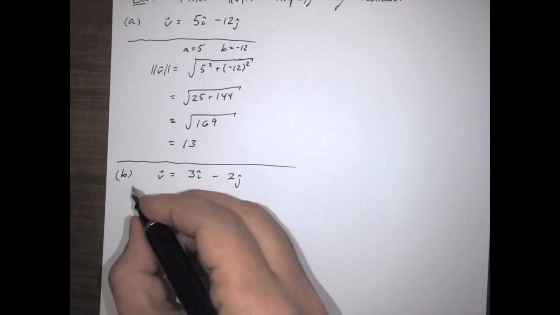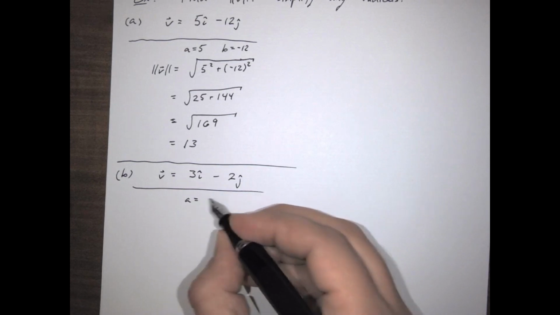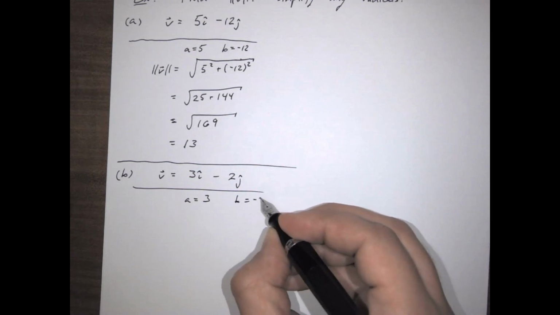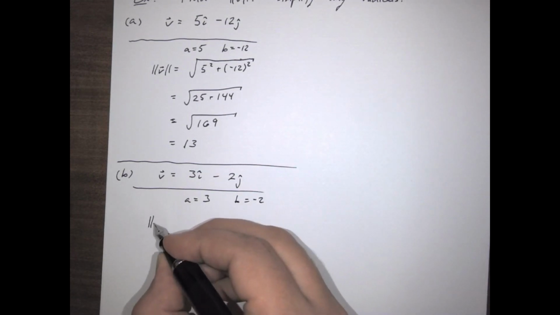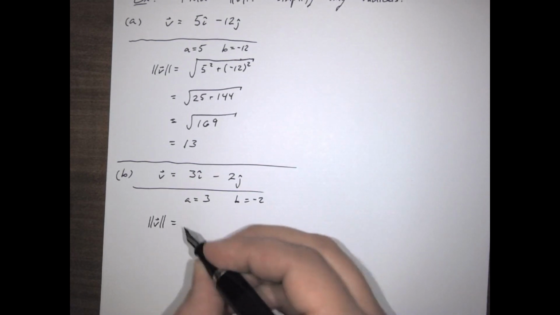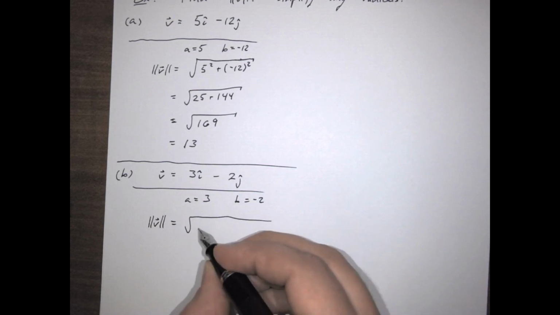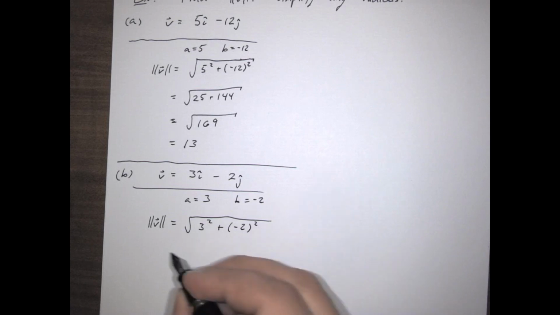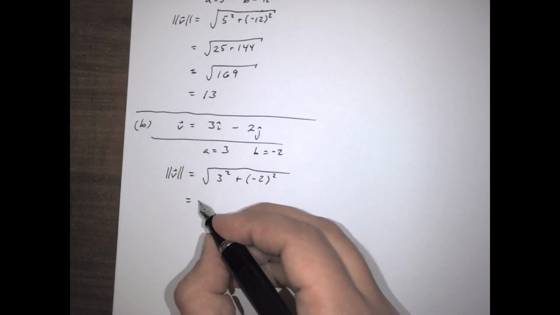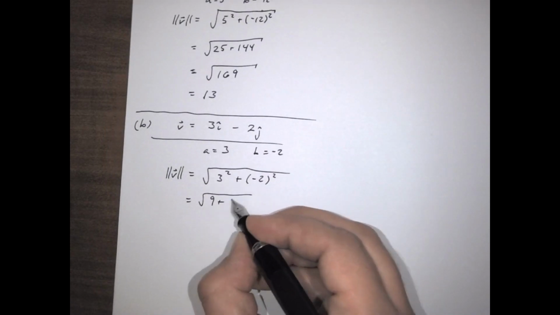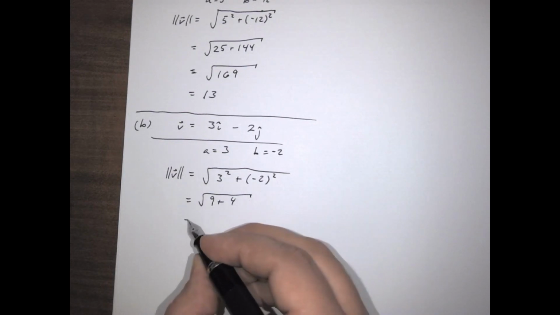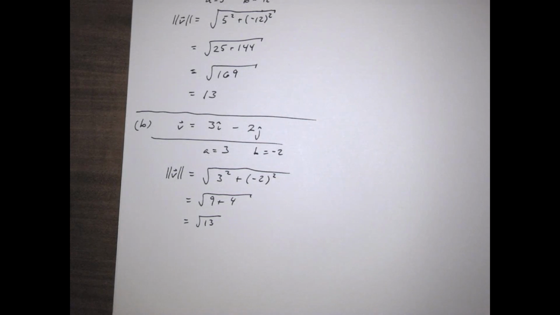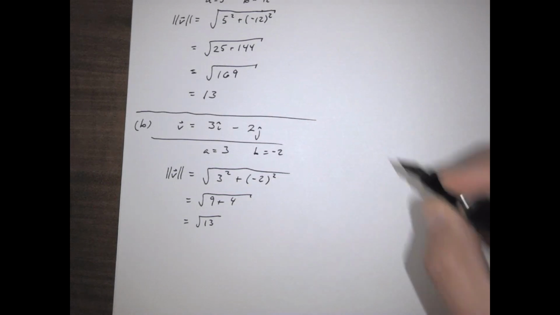Well, once again, you can just figure out what the a is. a is 3, b is negative 2, so the magnitude of v will just be, according to the Pythagorean Theorem, 3 squared plus negative 2 squared, which is going to be 9 plus 4, which is just the square root of 13, which we can't simplify anymore.